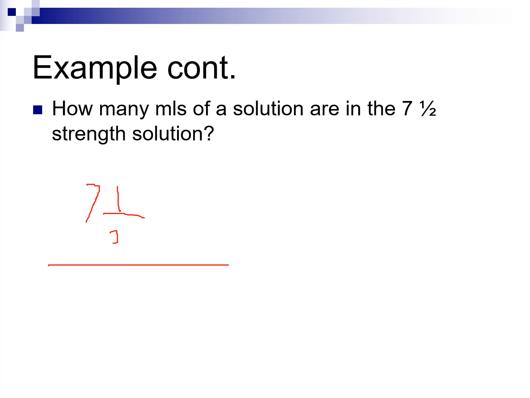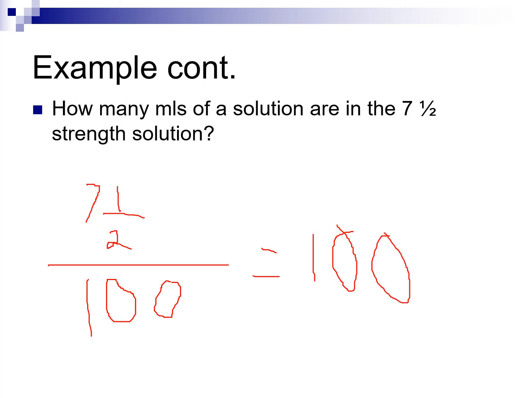Alright, so we're looking at grams over mils. Yes, 7.5%. So really it's just kind of breaking down that problem. Okay, so your mils then are 100. So it's just kind of like defining each part of the problem. This being your grams, so this was your first answer in the previous slide, and this is your answer on this slide, 100. Okay, so nothing too terribly tricky there. Just kind of defining each part of it.